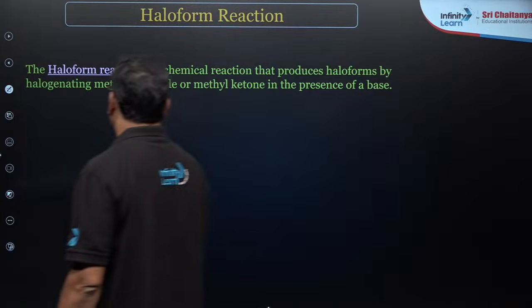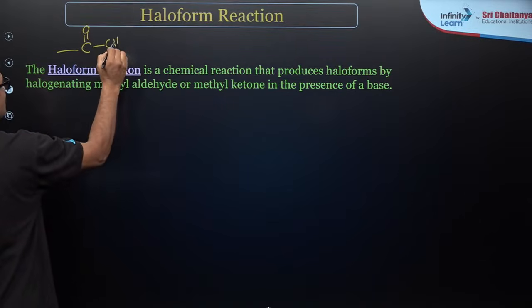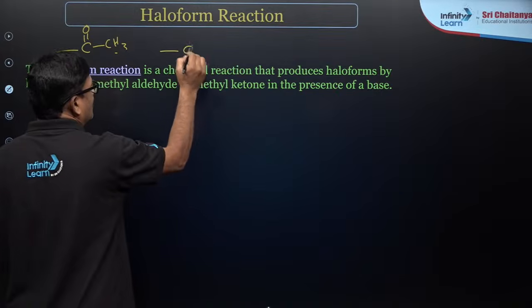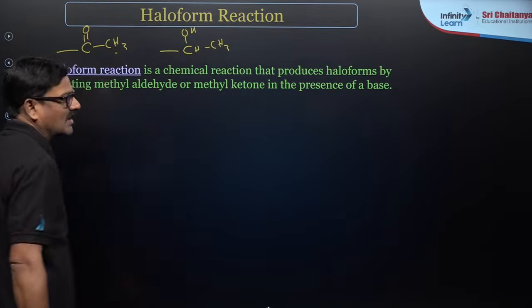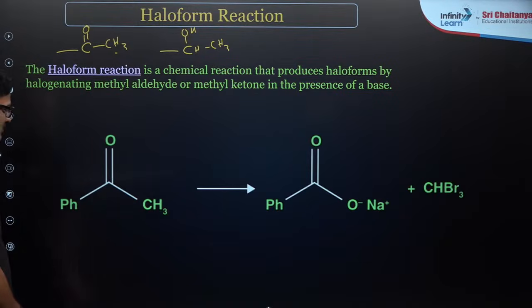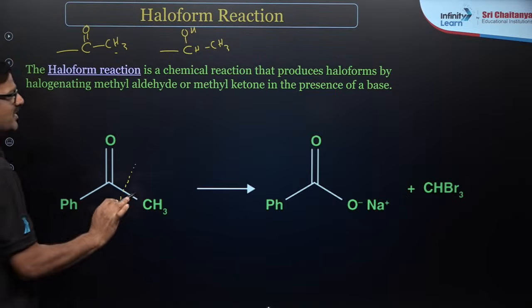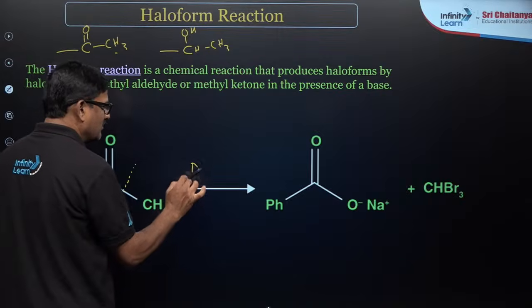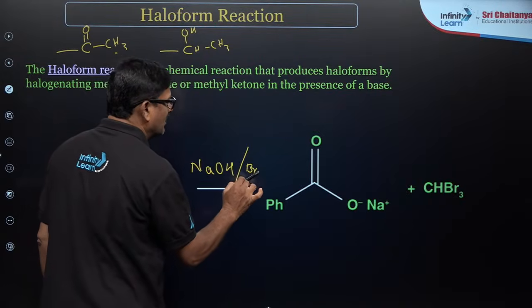Haloform reaction is a chemical reaction. It is specifically used for methyl ketones, and ethanol also is going to give this. So you are going to break these methyl ketones in the presence of sodium hydroxide or an alkali in the presence of Br2.